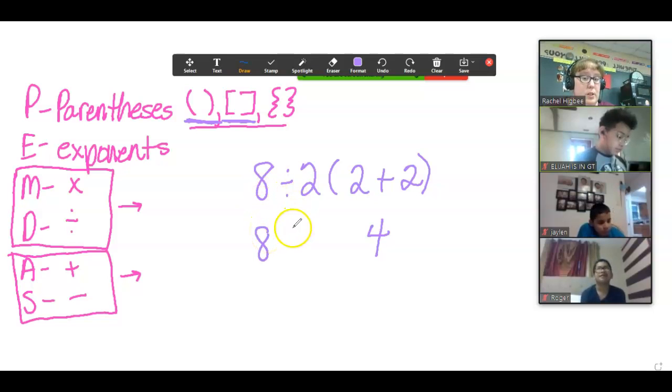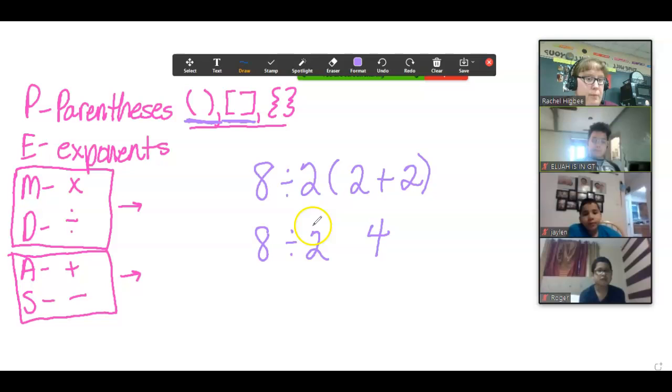I did not use the division symbol. And I did not use the 2. Now, here's the tricky part. Okay, and I think this is what tricks everybody up. Notice how this 2 is right next to the parentheses and there's no symbol there. Okay? That always means to multiply.